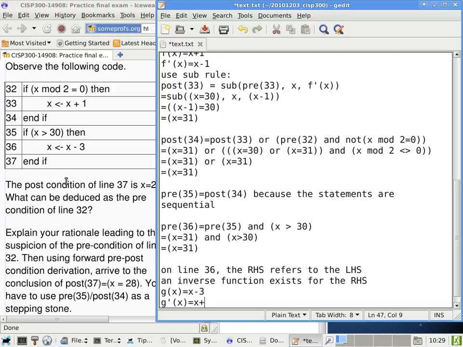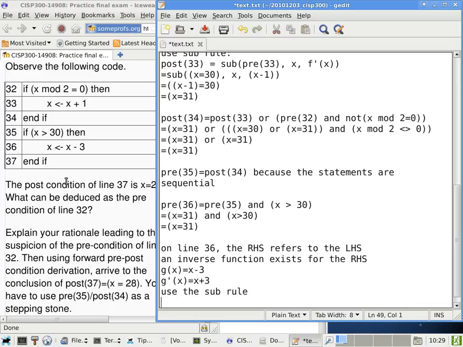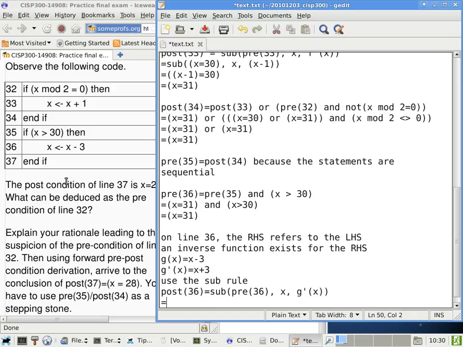G prime of x is just x plus 3. Okay, we can now use the substitution rule, which means post 36 is based on the substitution of pre-36, replacing all occurrences of x by g prime applied to x. So the rest of it is just expanding it.